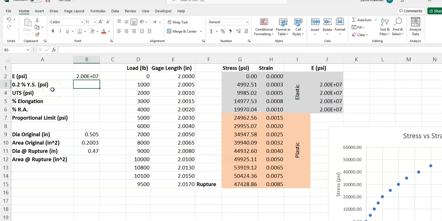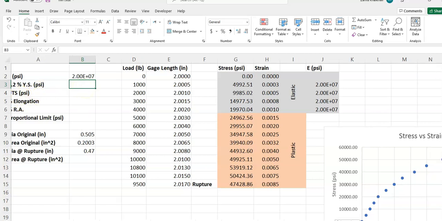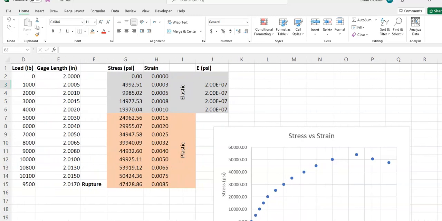For 0.2% yield strength, we're going to discuss in a minute. Ultimate tensile strength would be the maximum stress withstood by the sample. So that would be somewhere between 50,000 and 60,000 psi.